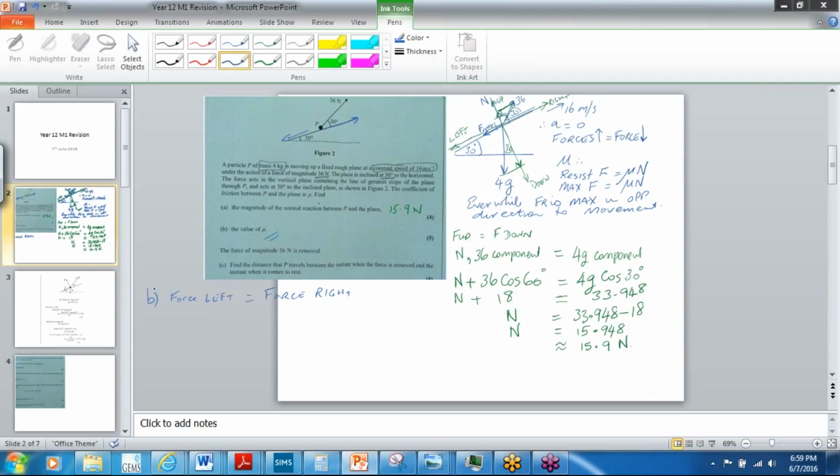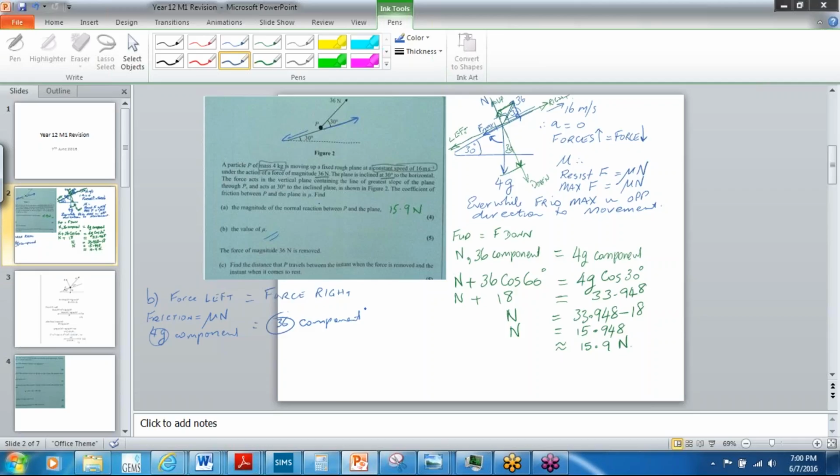Now we've got the friction force, which equals nu times N. We've got the force down the plane due to gravity, so it's that 4g component, and they're the only two forces acting to the left. Those two forces will equal the one force acting to the right, and that's the up component of our 36 newtons. So that's the 36 newtons component.